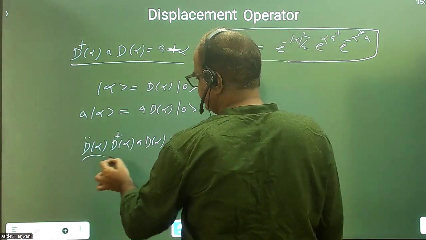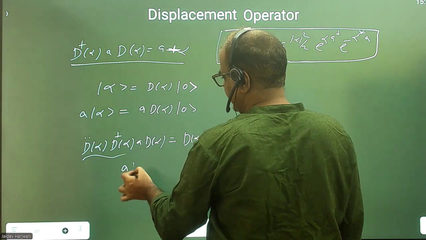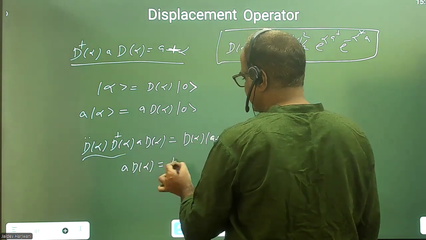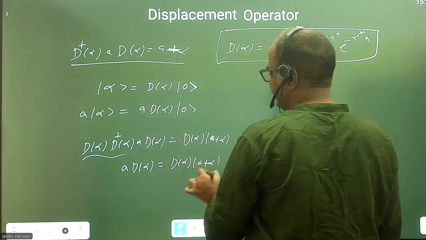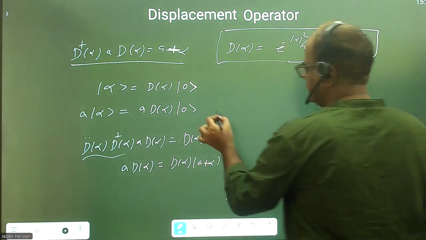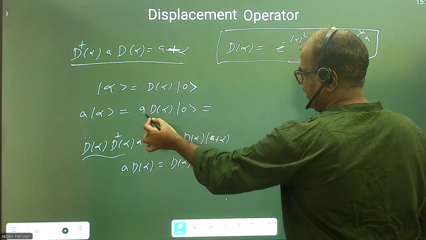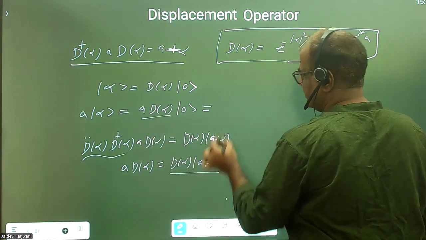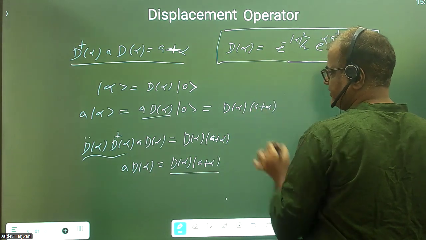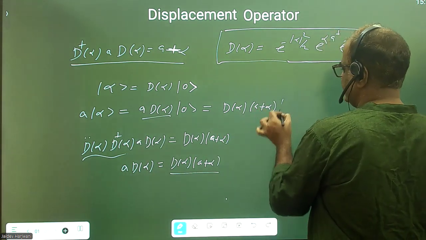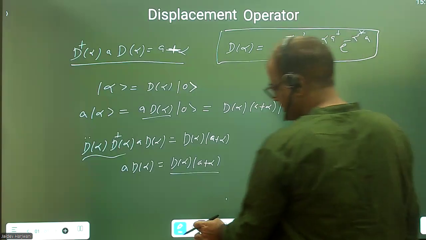Now this is unitary, so this becomes 1. So my A D alpha is simply D alpha A plus alpha.